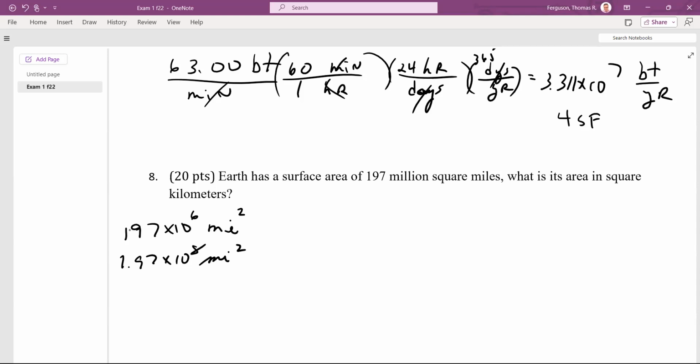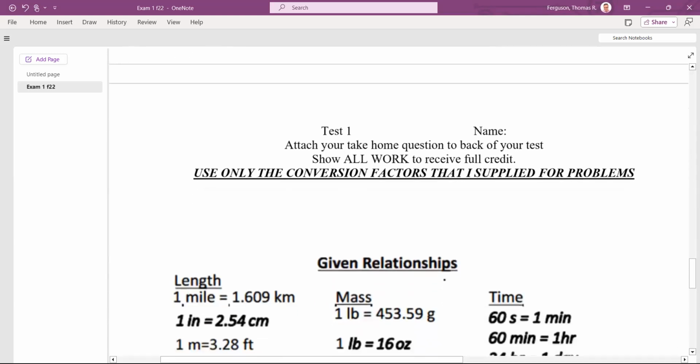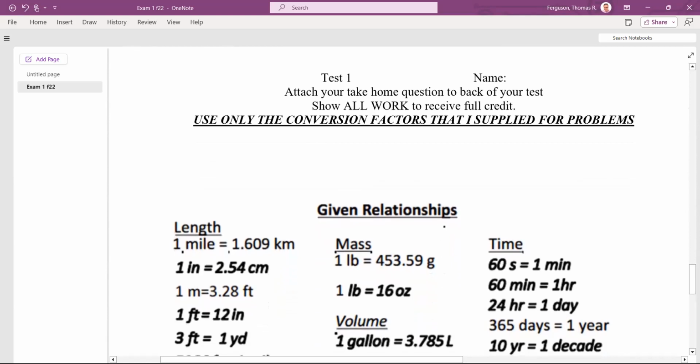Okay, and, all right, now we need to go from miles to kilometers. And we have a conversion factor for that. 1609.